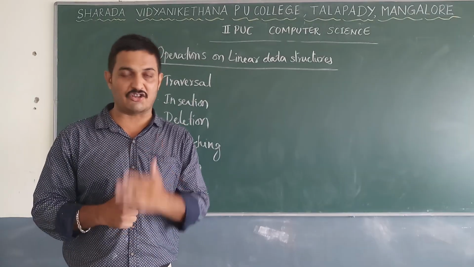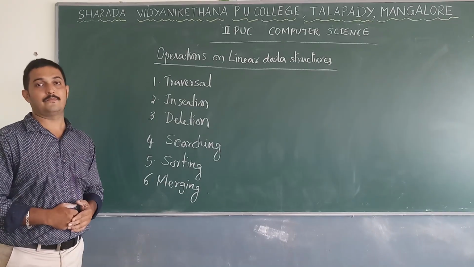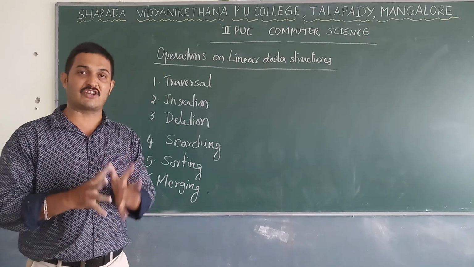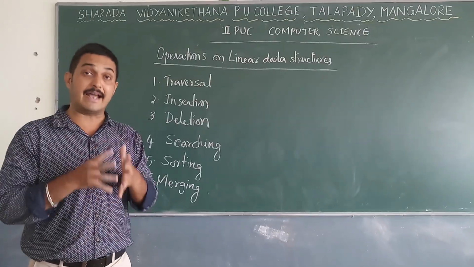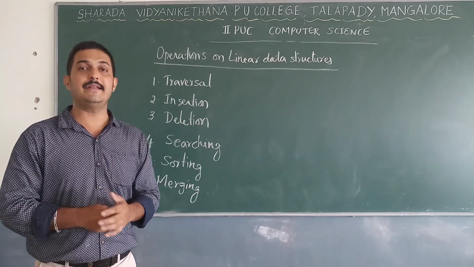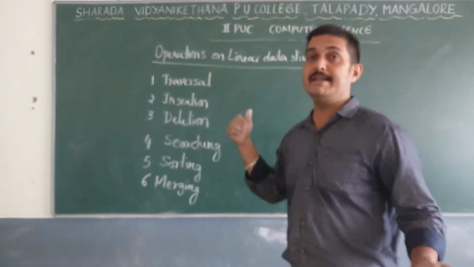Next, the last operation is merging. For example, we have two structures. Merging means combining the elements of two structures to form a single structure. These are the operations on linear data structure.